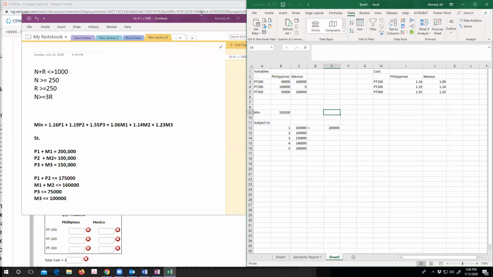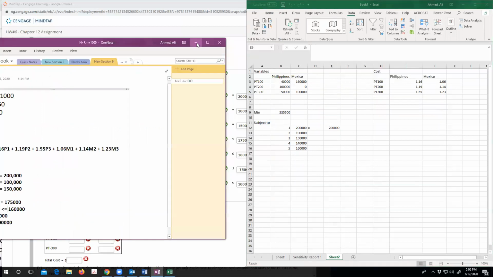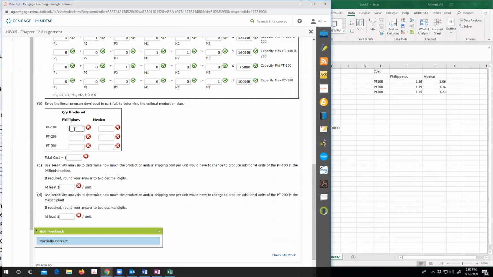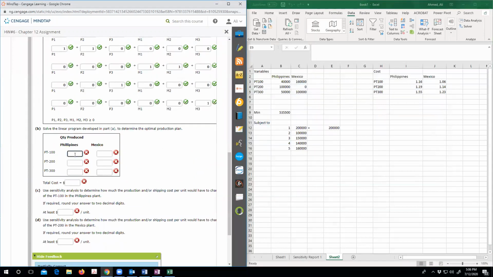It comes out to be 40,000, 160,000, 100,000, 0, 50,000, 100.